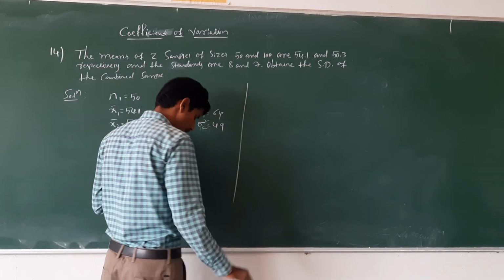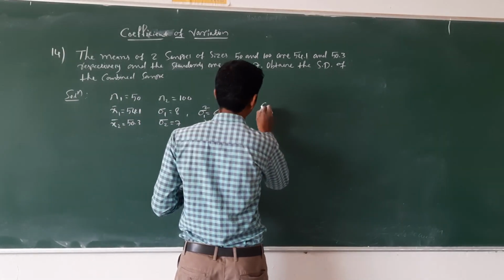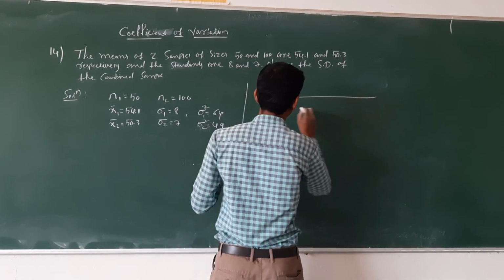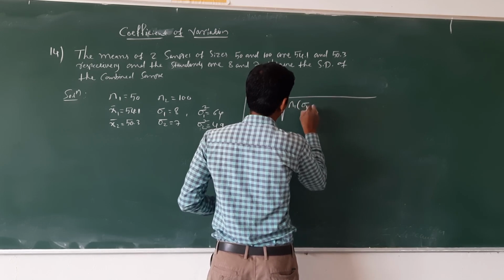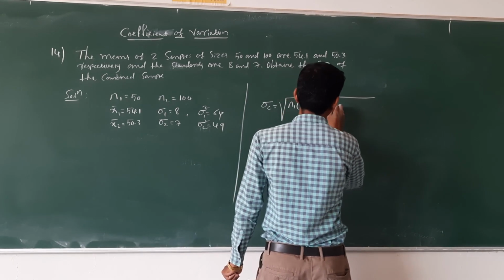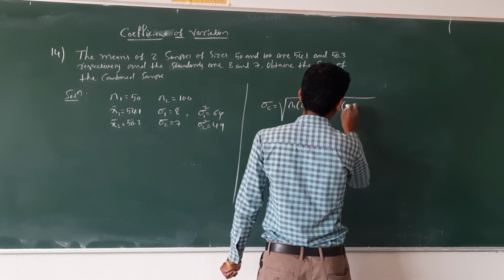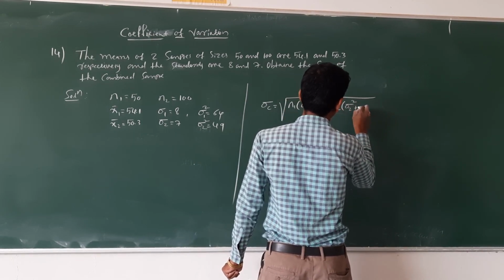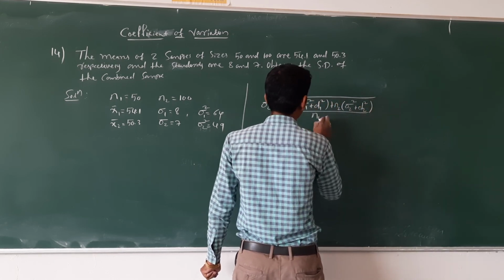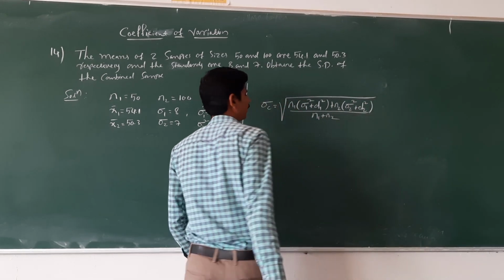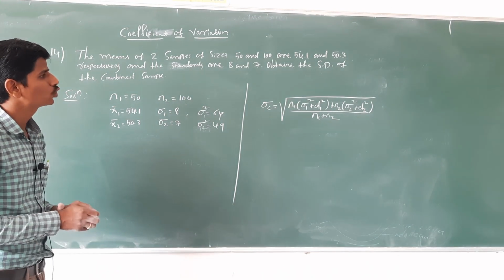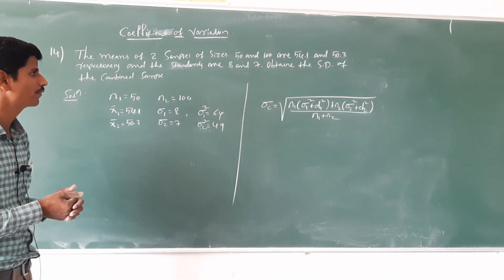Okay, here we have to apply the formula, that is sigma c equal to under root of (n1 into (sigma 1 square plus d1 square) plus n2 into (sigma 2 square plus d2 square)) divided by n1 plus n2. Here we want d1 square and d2 square values.